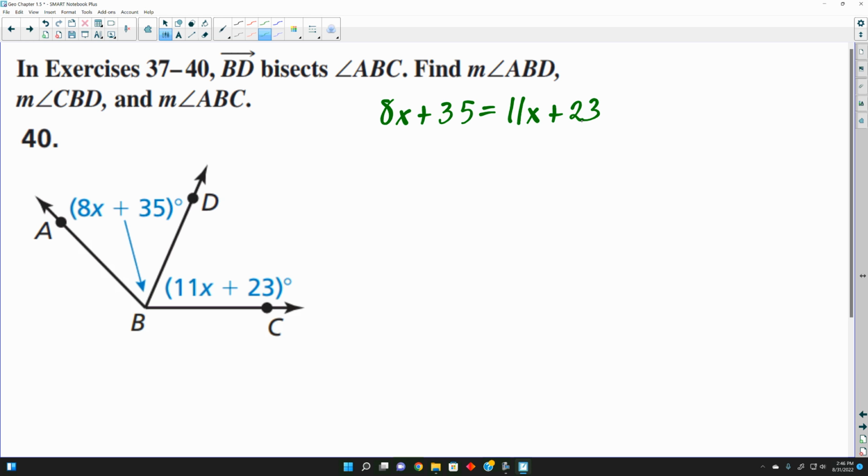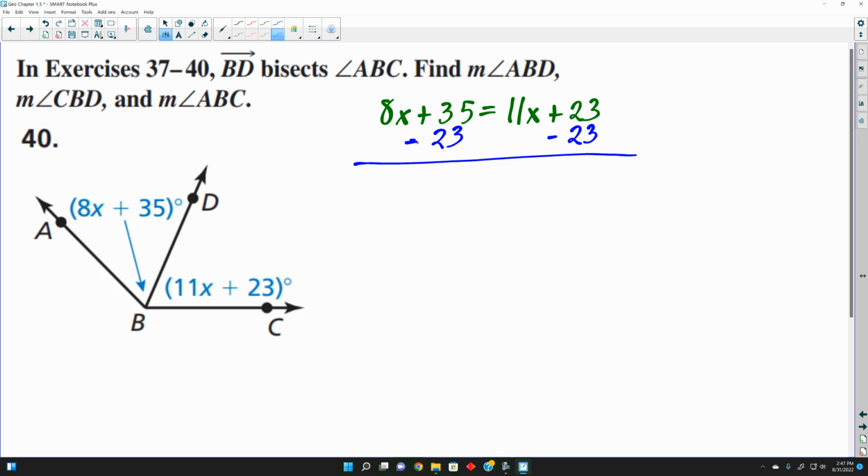Questions on how we set this up? What can we do first? We'll have to do the opposite operation to get everything on the same side. So we can do what? Yes. Now, what we do first doesn't really matter.